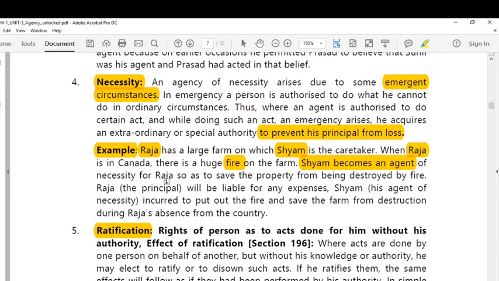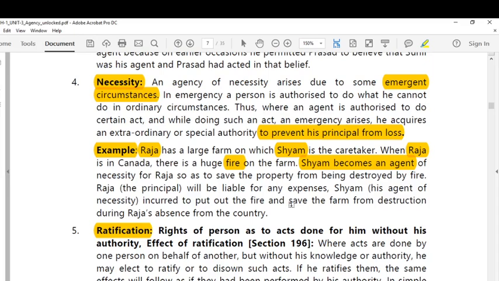So, because of the necessity to save Raja's property from being destroyed by fire, Raja will be liable for any expenses Sham incurred to put out the fire and save the farm from destruction during Raja's absence from the country. Right.